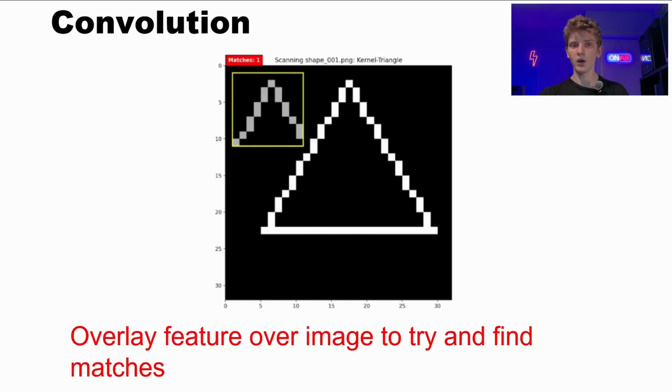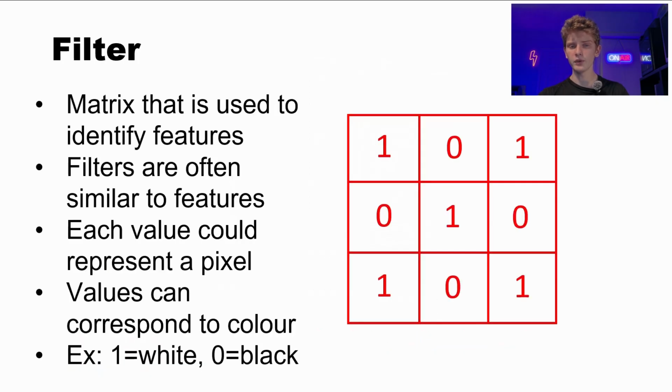So now that we covered the concept of convolution, let's take a closer look at what actually is happening. So we said that we had an image of a feature that we overlaid onto the image that we want to classify. Well, what that actually is, is what we call a filter. And a filter is basically a matrix that we use to identify different features.